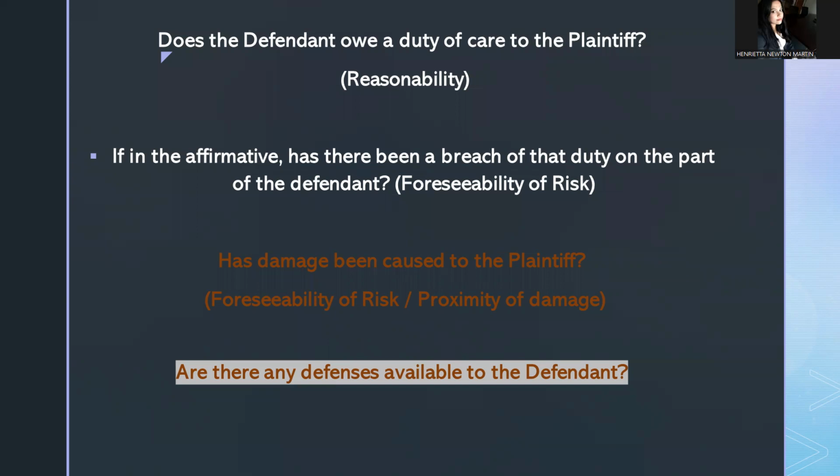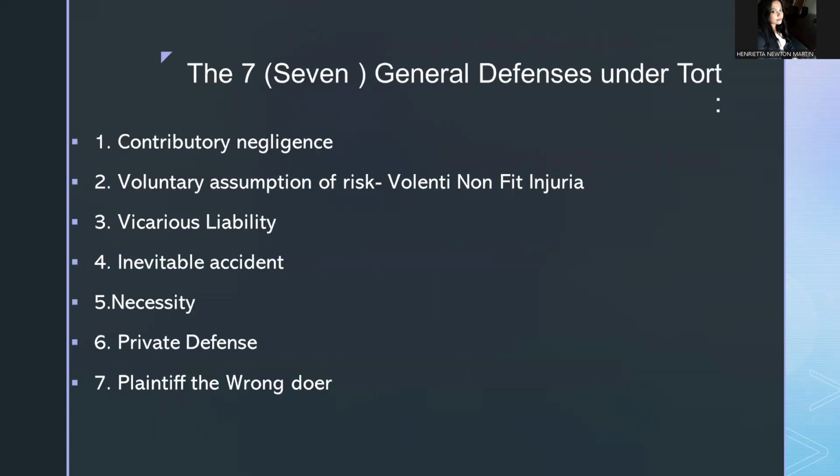That means whether there has been real damages that is caused. What is the nexus or the relationship between the foreseeability factor and the proximity of the damage that has been caused? And next is, are there any defenses that are available to the defendant? So these are the questions that have to pop up in the mind of a person to solve the case and to arrive at a plausible conclusion or a formidable conclusion.